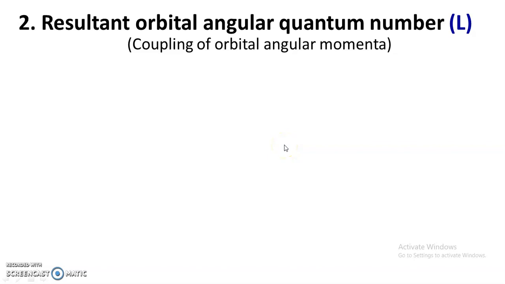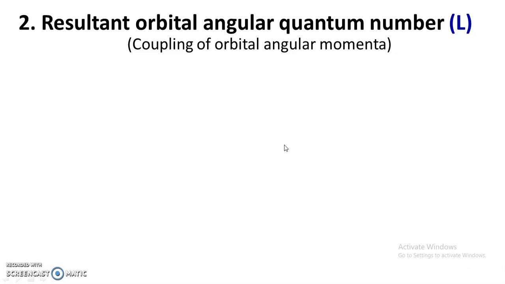orbital angular momenta. So here the azimuthal quantum number, that is small l, is associated with the orbital angular momentum of a single electron, whereas the resultant orbital angular quantum number, that is capital L, is associated with the orbital angular momenta of a set of electrons.